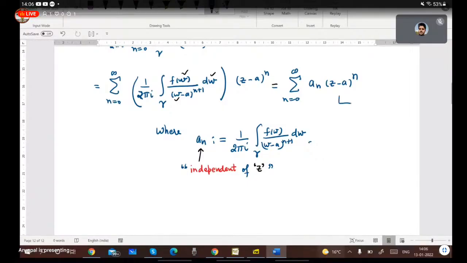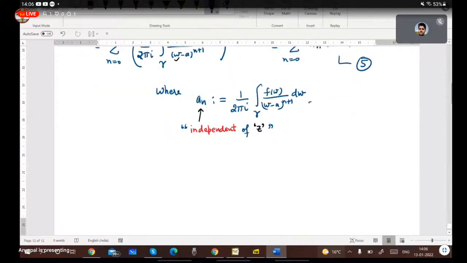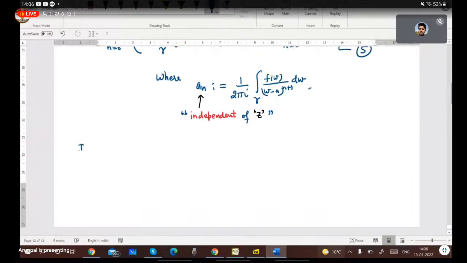So class, let me say it is step number 5. I have shown you one thing: we have been able to write f(z) as a power series expansion.